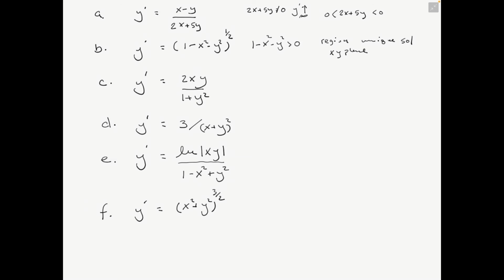For letter C, we have 2xy over 1 plus y squared. And again, we look to the denominator, and we know that the denominator cannot equal 0. But in this case, our denominator is 1 plus y squared.